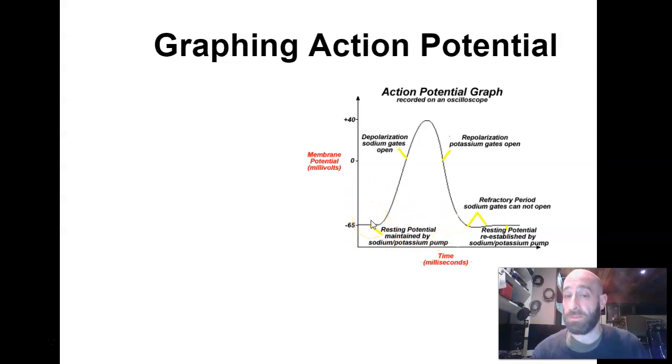And then there's something that occurs. This neuron is going to get stimulated, and that leads to depolarization. So as you can see, this difference in charge changes drastically, and it goes from negative 65 all the way up to positive 30. And that is called depolarization. And that occurs because the sodium channels open and sodium floods in. Again, this whole process is all about timing of those channels opening and closing.